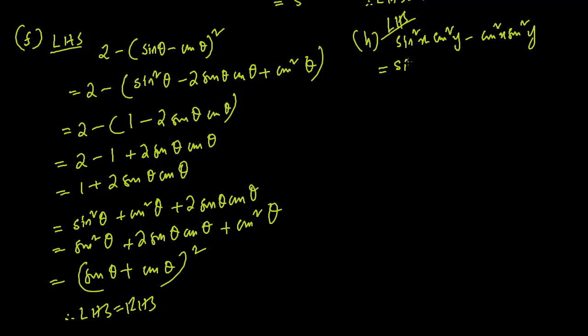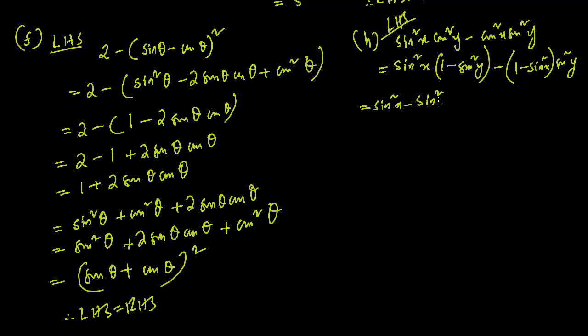Let's start. So sine squared x, we can write it as 1 minus sine squared y, minus cos squared x would be 1 minus sine squared x, and we have sine squared y. So if we multiply, it would be sine squared x minus sine squared x sine squared y, minus, if we multiply this, sine squared y minus sine squared x sine squared y.